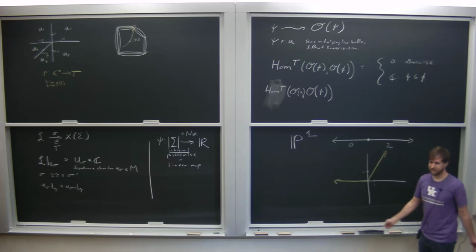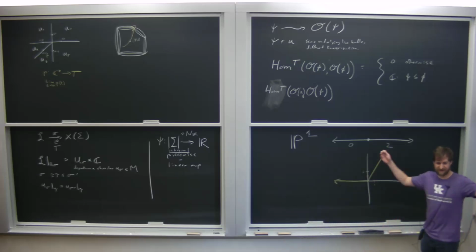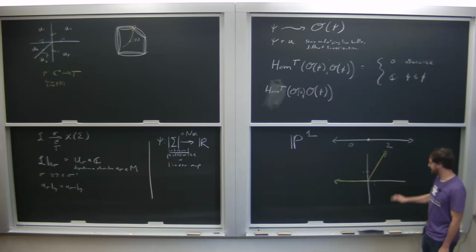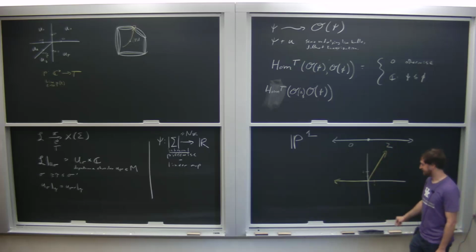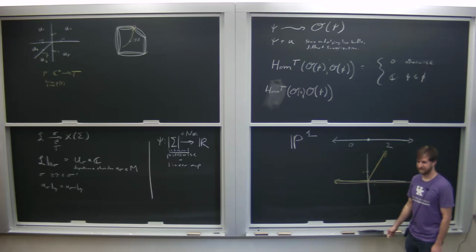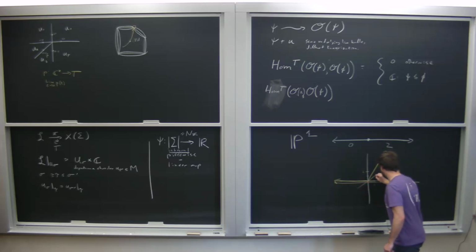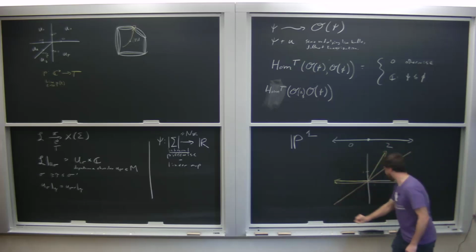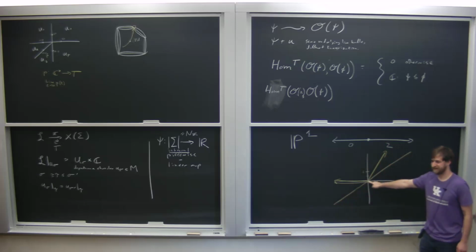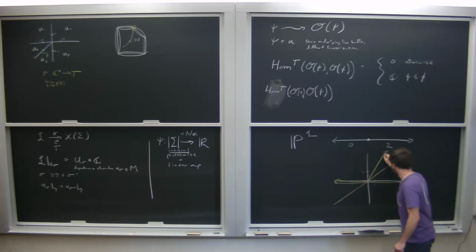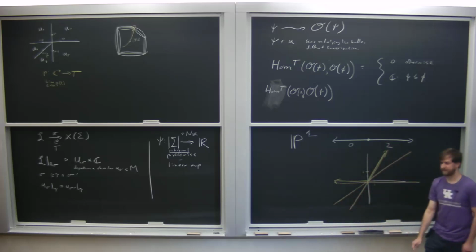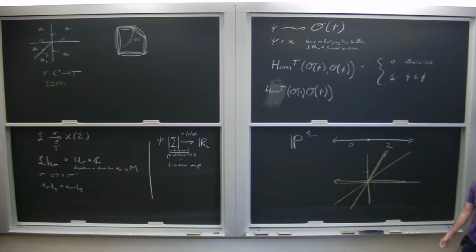Okay, let's compute global sections. What are global sections? They're lines, and they're lines that have to be below the yellow line, and they have to have integral slope. So we could do 0, that counts. We could do slope 1, that counts. Those are meant to agree there. I just wanted to emphasize, right? Or we could do slope 2, that counts. There's 3 sections.